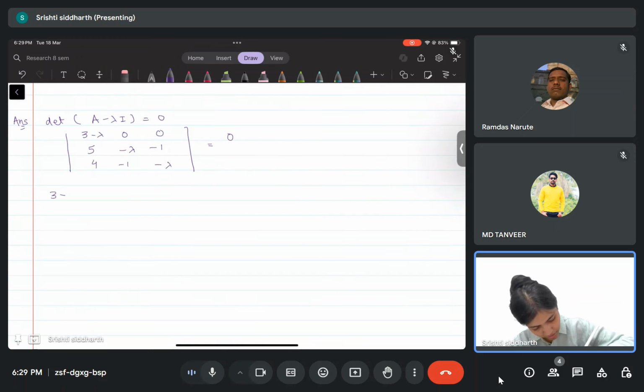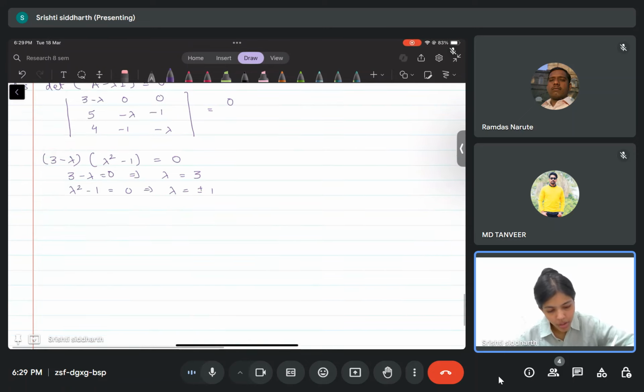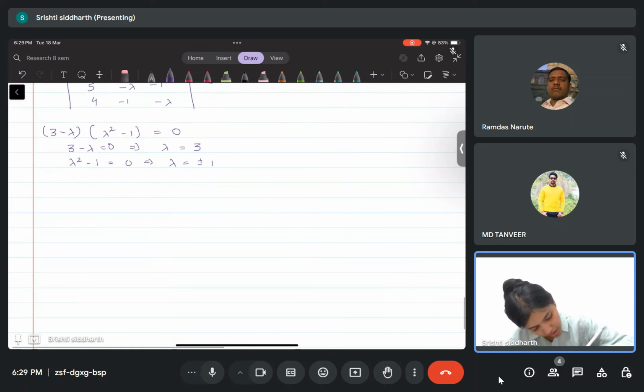So we simply have 3 minus lambda times lambda square minus 1 equals 0. Lambda square minus 1 equals 0, which implies that lambda is plus minus 1. So we have to perform the PBH test for eigenvalues 1 and 3. So let's start with lambda equals 1.